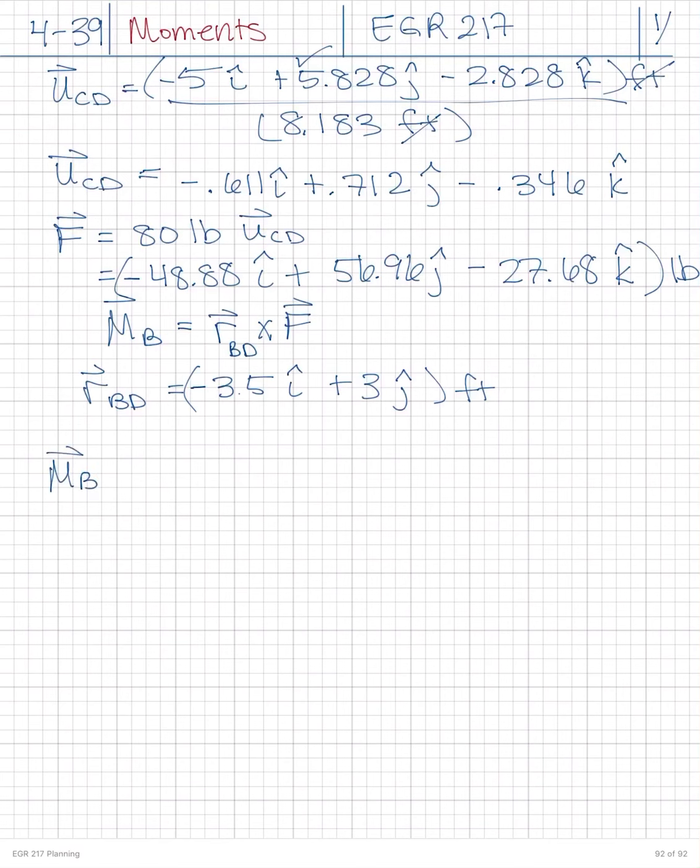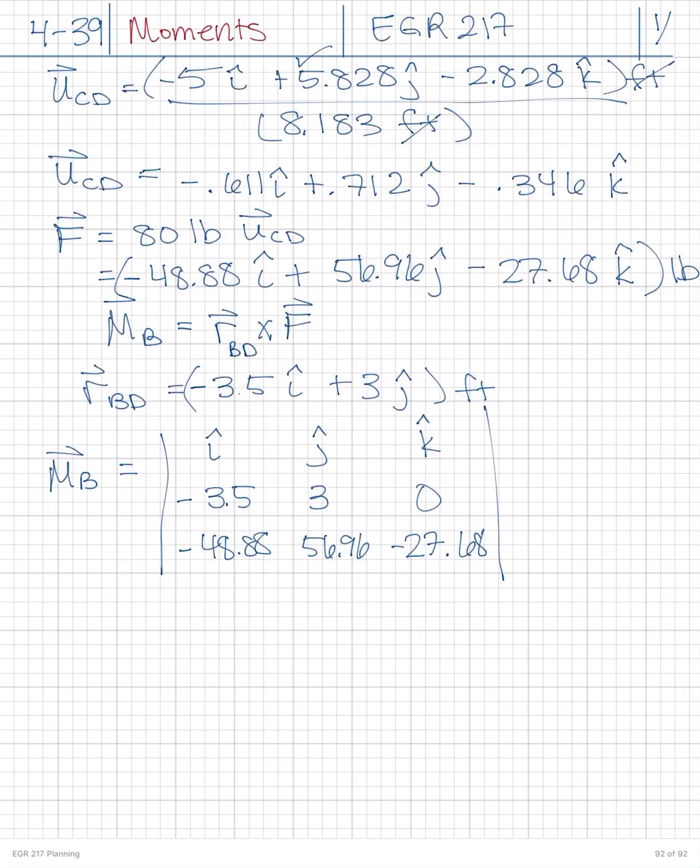So the moment about B equals I, J, K. And the R it's R cross F, so I'll start with the R for the second row, negative 3.5, 3, and 0. And then for the F, that's in pounds, it's negative 48.88, 56.96, and negative 27.68. Well, you can't read that, can you?